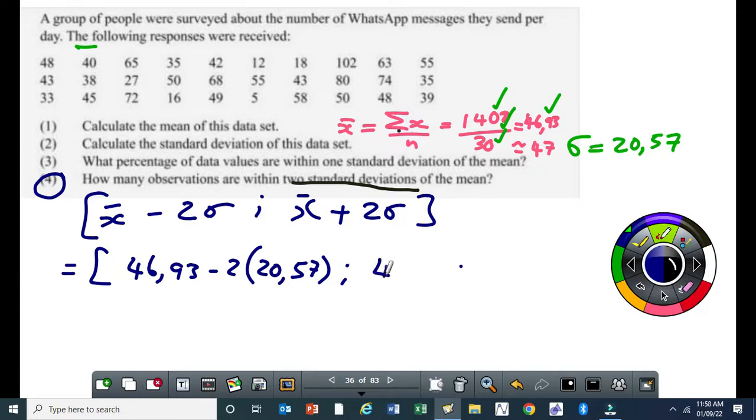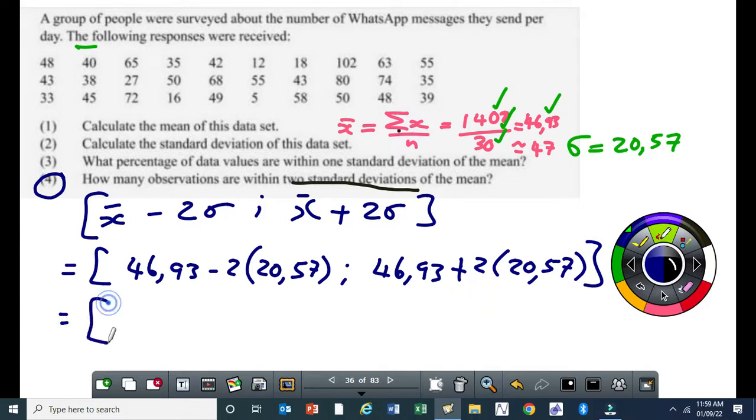Plus 46.93 plus 2 times the standard deviation. So what will be the lower limit? 5.79, and the upper limit 88.07.